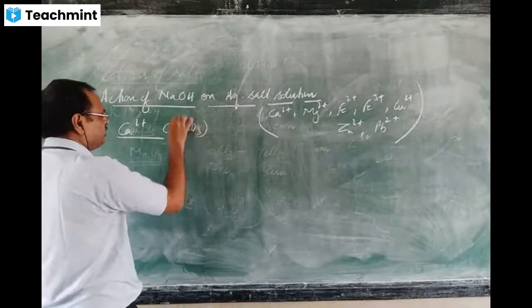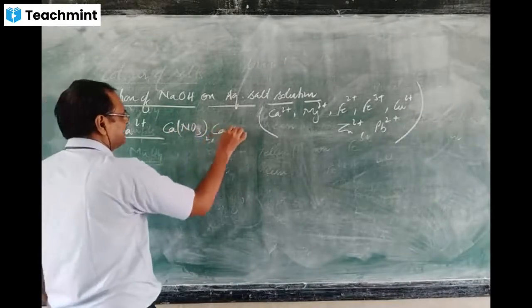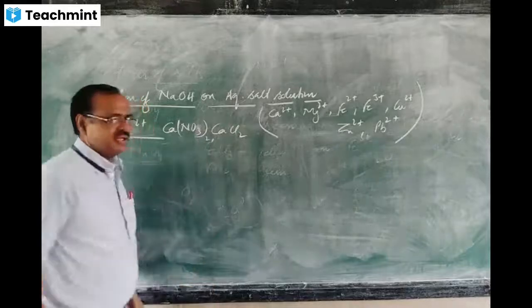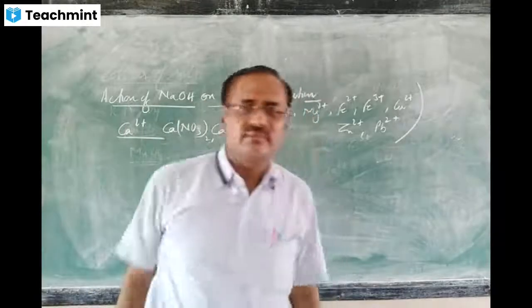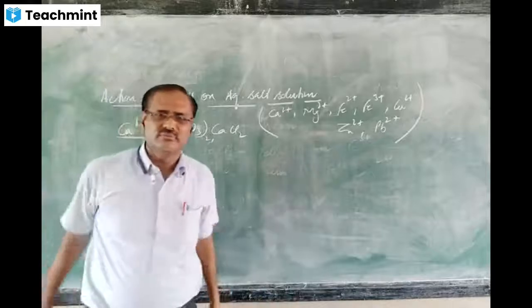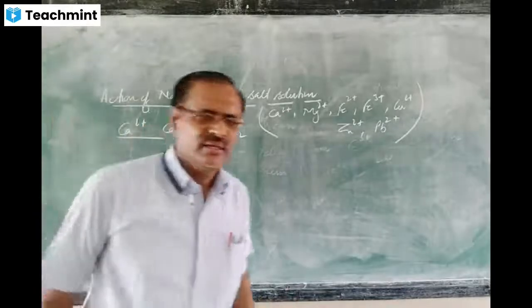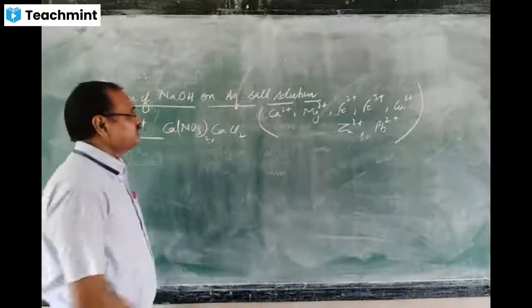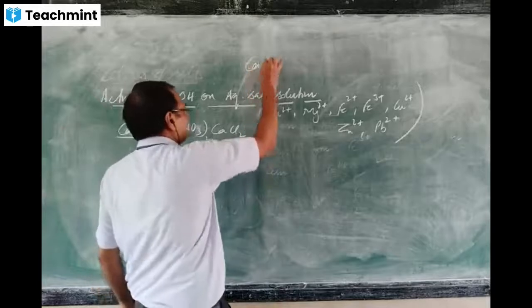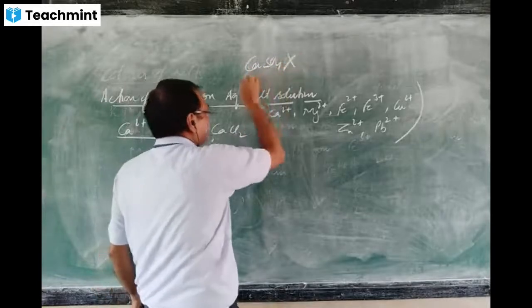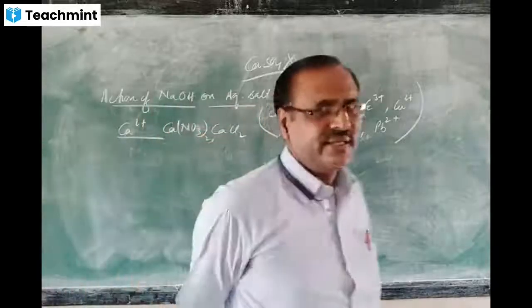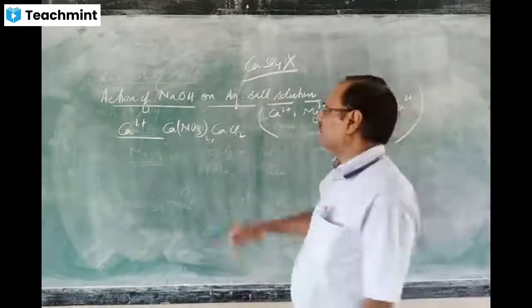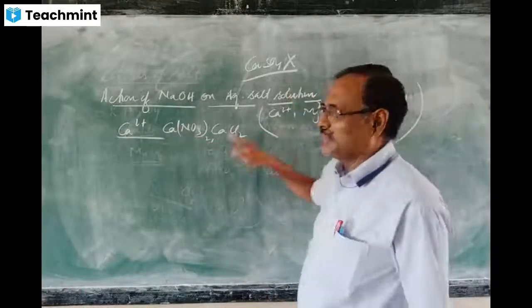Second, calcium chloride can be used. My question is, can you use calcium sulfate here? Yes or no? No. This test fails for calcium sulfate. The test is applicable only for soluble salt.